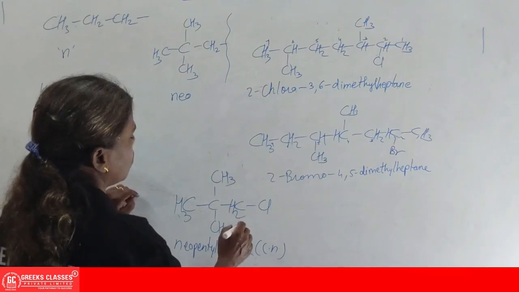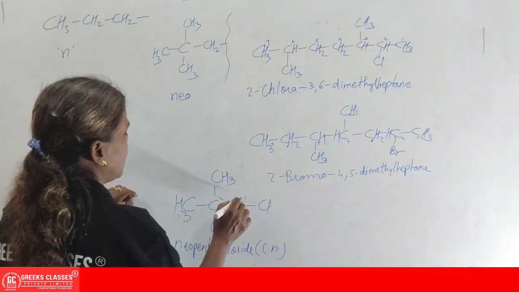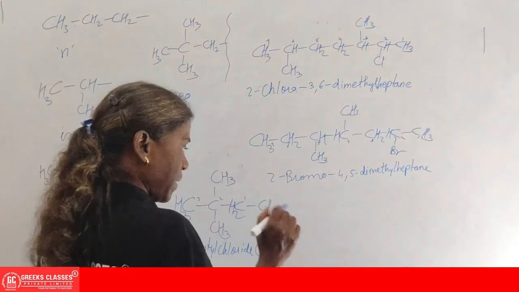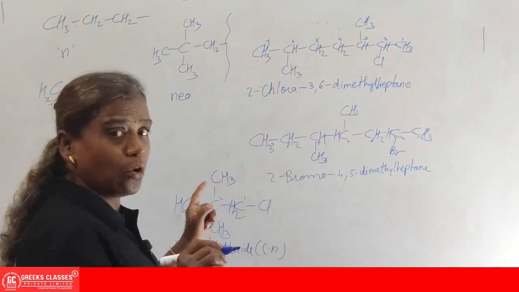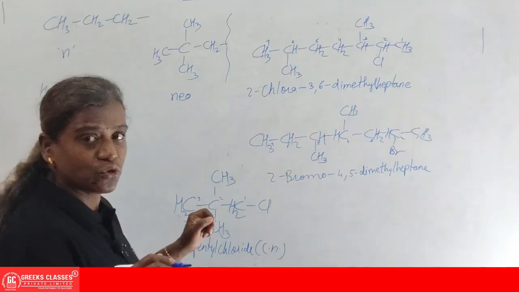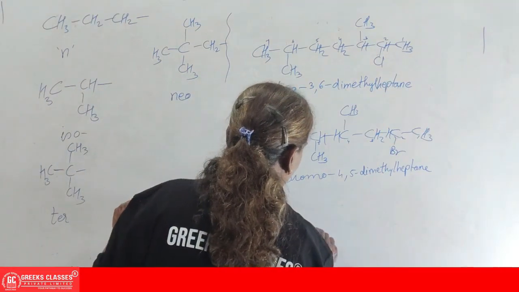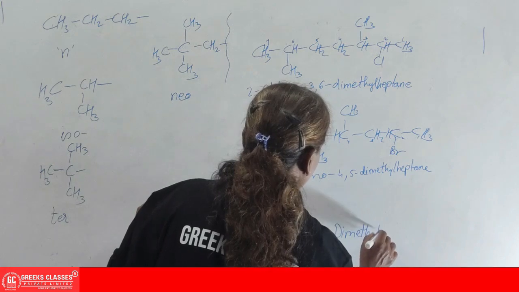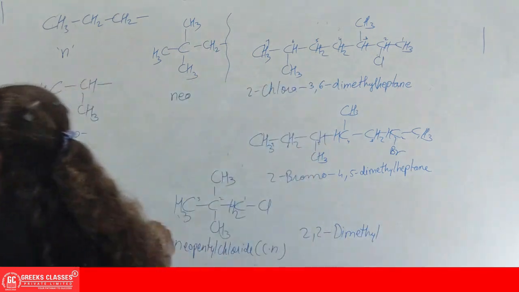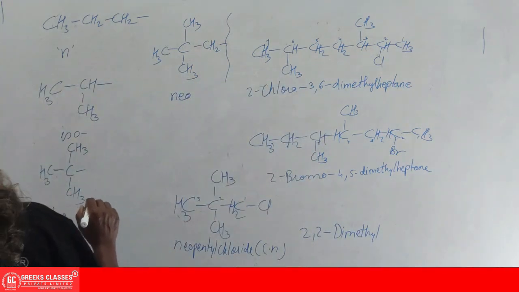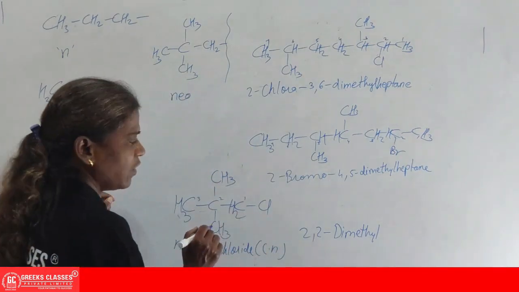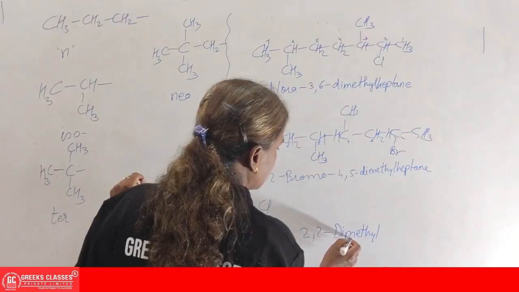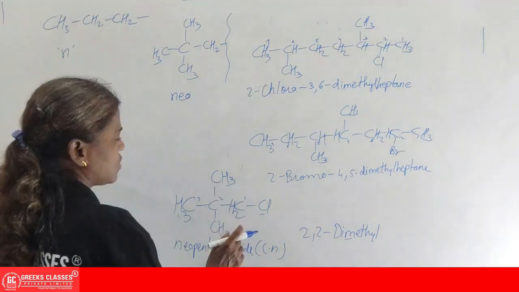Now let us know this one. At carbon number 2, 1, 2, 3, there are 3 carbons in one line, so it is a propane system. It is chloropropane, but at carbon number 2 you have 2 methyl groups, so it is 2,2-dimethyl. Then at carbon number 1 we have a chloro group, but alphabetically, look at this M letter and this C letter, so C comes first.